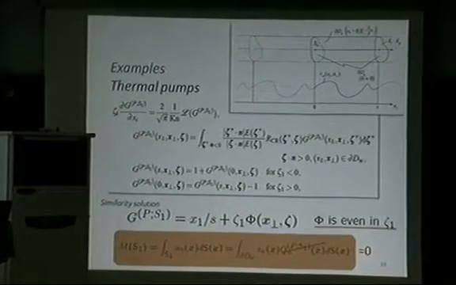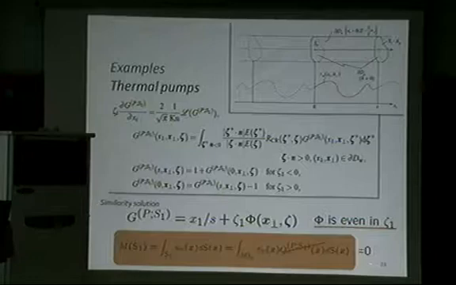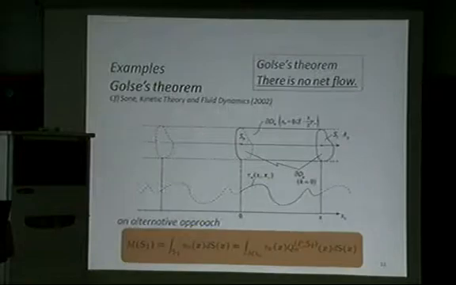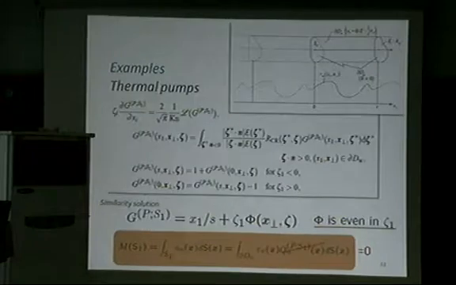So this guy is 0. The point is that by using the reciprocity, I change the original problem into the conductance problem. Then I use the property of the solution of the conductance problem, and I showed the vanishing of this mass flow here.